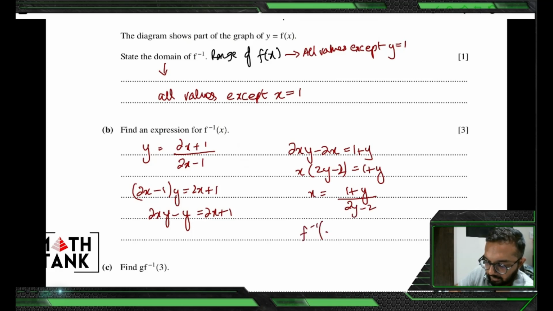That's very few lines. So f inverse of x is 1 plus x over 2x minus 2.